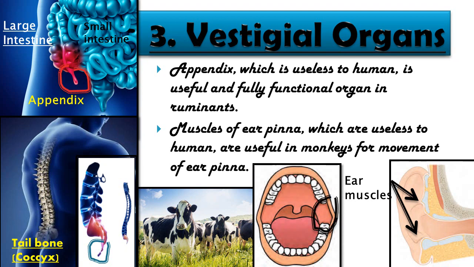These are the last part of our teeth, and they are also not useful for humans, because we are not using the end teeth; we are just using our front teeth for chewing and biting. And body hairs are present on the body of human beings. So these are all different examples of vestigial organs, which are functional for one organism but useless to another.